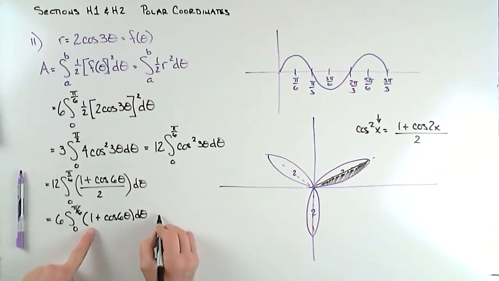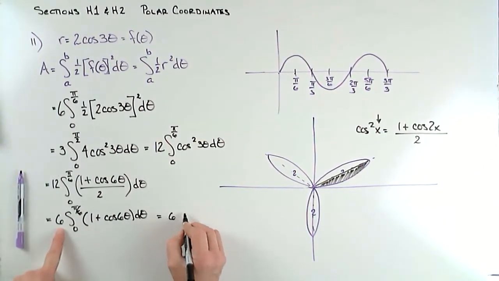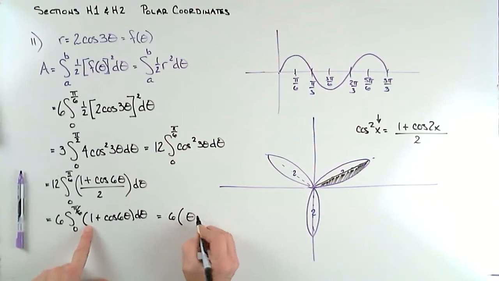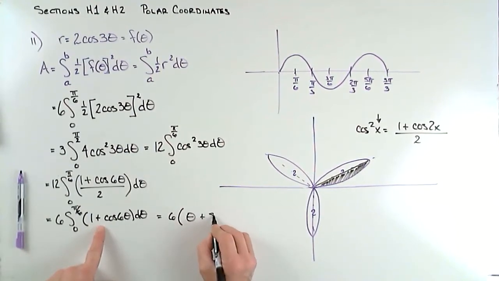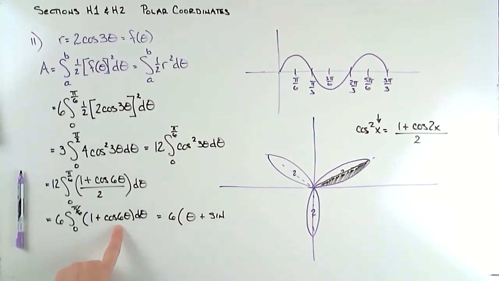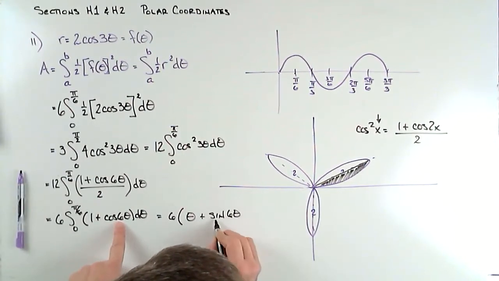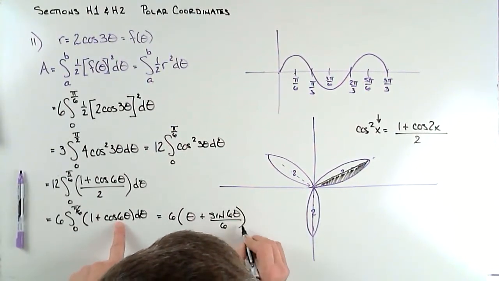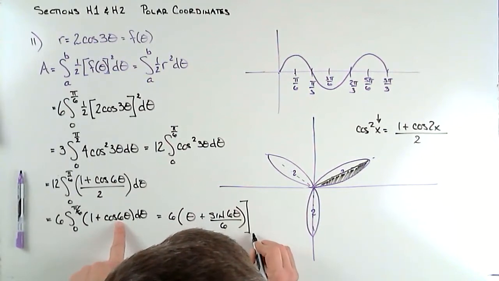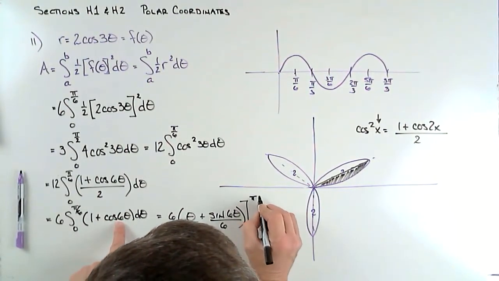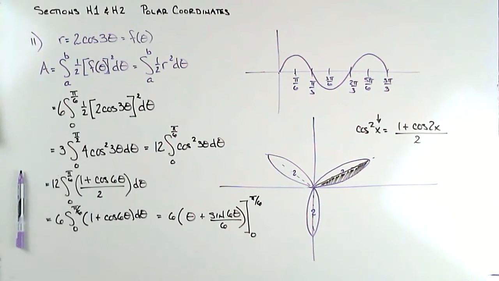Now, when we integrate 1, don't lose your 6, we're going to get theta. The integral of cosine is sine. Now, we're going to need a u sub, so we're going to need to multiply by 6, which means we have to divide by 6. So we're going to get sine of 6 theta, and then from the u sub, we had to divide by 6. We're going to evaluate that between 0 and pi over 6. So here's our 6.